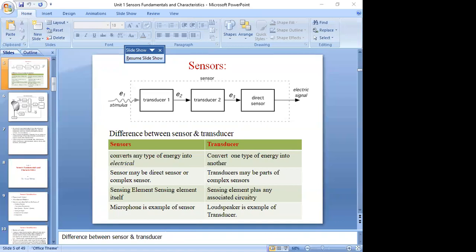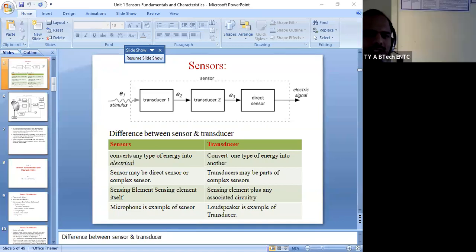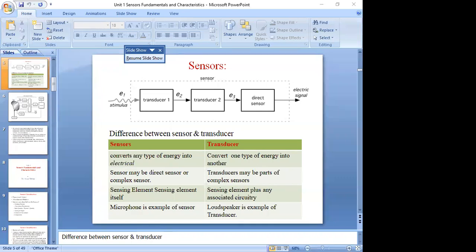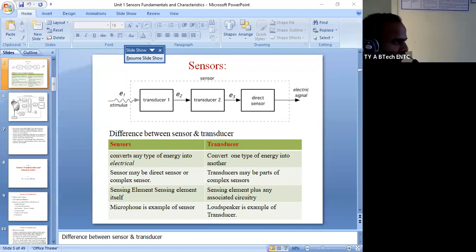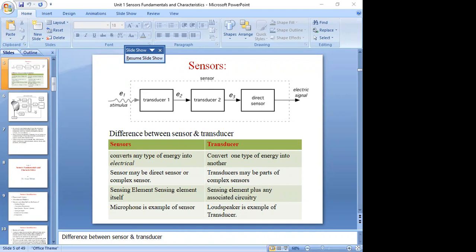Just look at this diagram. Any sensor 1, 2, 3, 4. This is a random shape object or environment, and 1, 2, 3, 4 are some physical parameters we need to measure and observe.